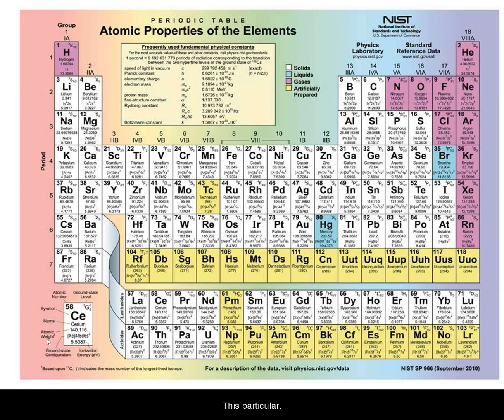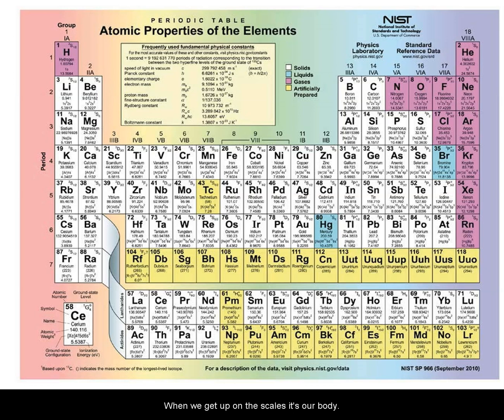Now, this particular key to this table says atomic weight here, and your textbook will say atomic weight in one place, and in another place it may say atomic mass. What's the difference? Well, when we say weight, we're usually referring to the amount of pull gravity has on our body or an object.